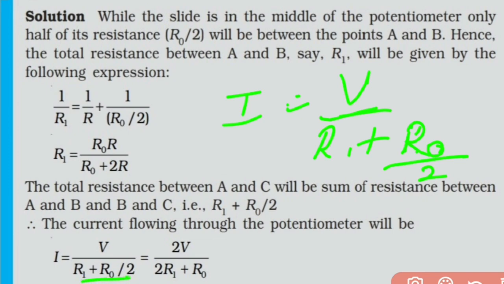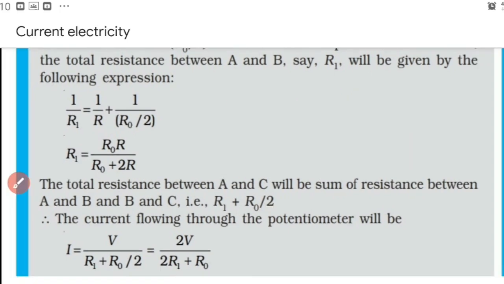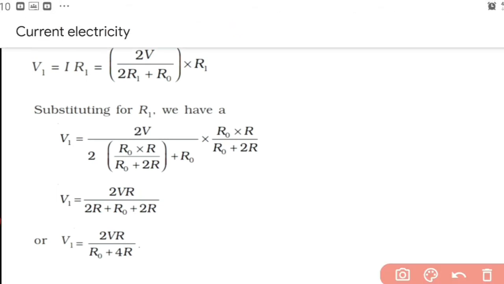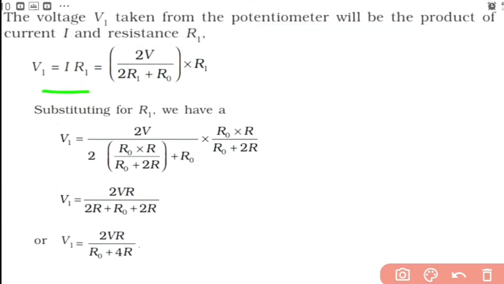That is the same as 2V divided by 2R1 plus R0. Now the voltage across R will be I into R1. Therefore V1 is equal to I into R1. That is 2V divided by 2R1 plus R0, into R1.